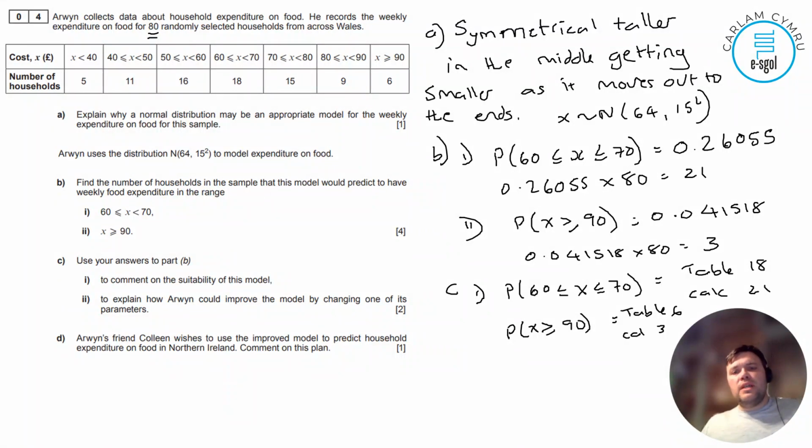So I would say that this is not the best model because the fact that 3 away is quite high. If it was only 1 or 2, then I would say it's not the most accurate, could be accurate or along those lines. After comparing, it could be more accurate.